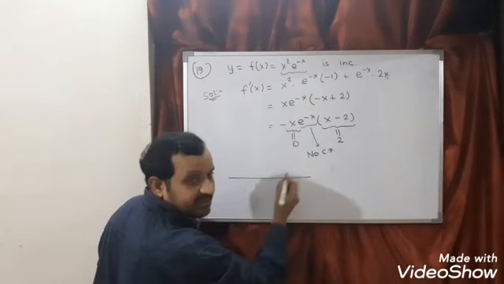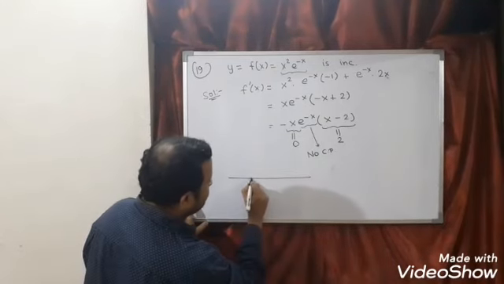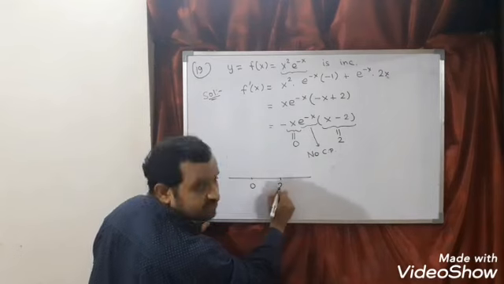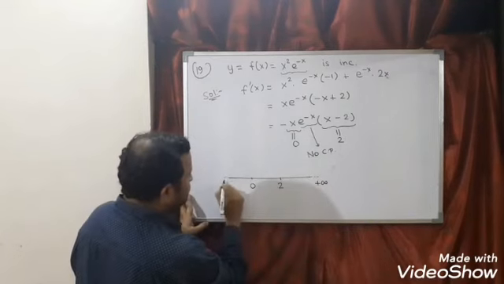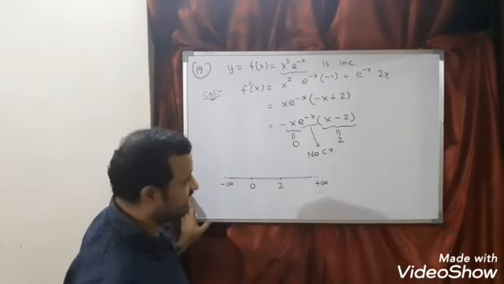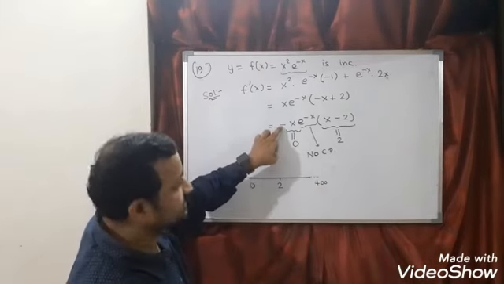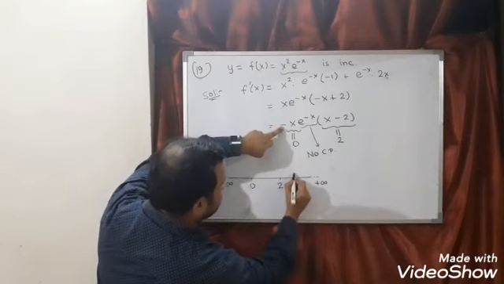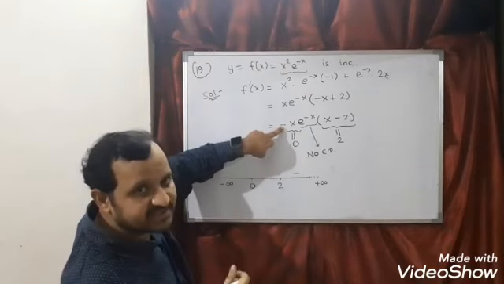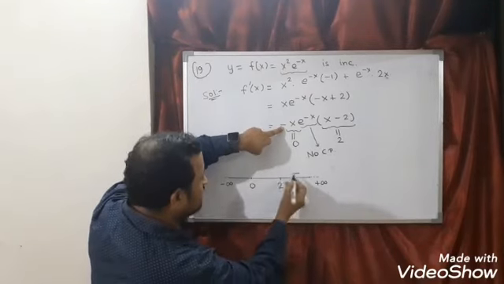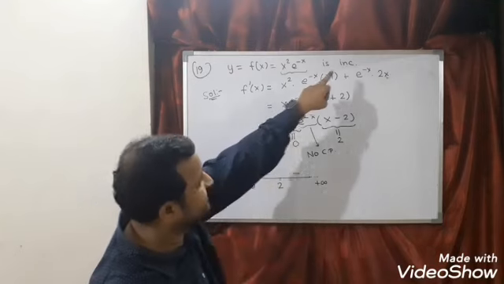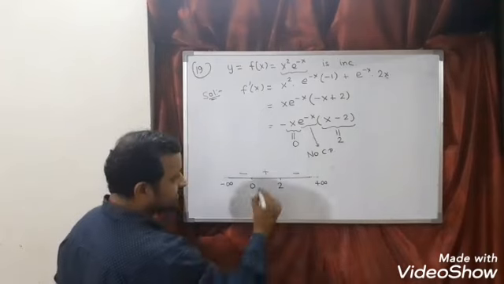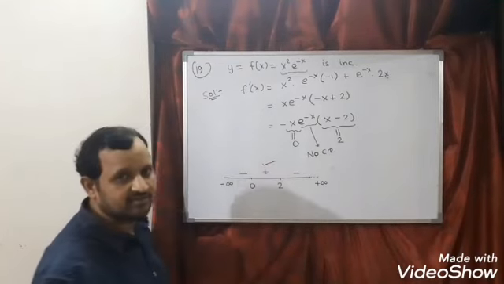Next, plot all the critical points on number line. So I can say one is 0, other is 2. This is plus infinity and this is minus infinity. Now what is the outside sign? Minus. So minus will come here. Since critical point is not repeated, alternate sign: minus, plus, minus. The question is increasing, so increasing means plus.